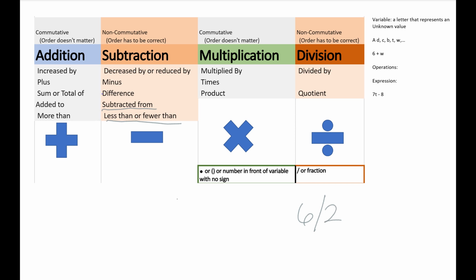The reason why it's having you do that is because 6 divided by 2 is actually just a fraction. Remember, fractions are division problems. So this fraction 6 over 2 is the same as 6 divided by 2. And so in IXL, you can just put that slash to represent it being a fraction.